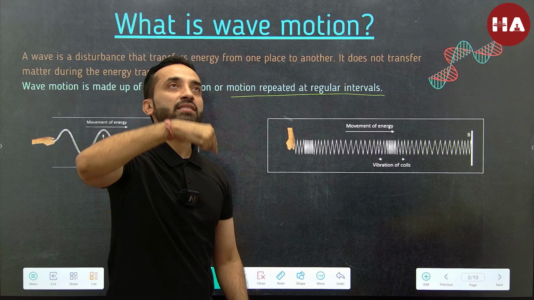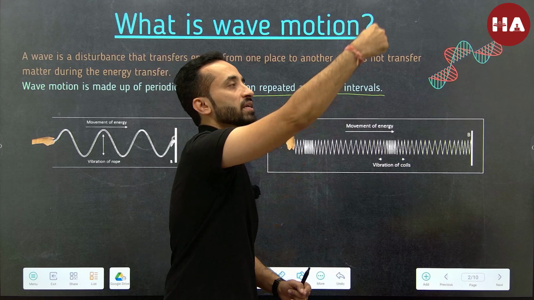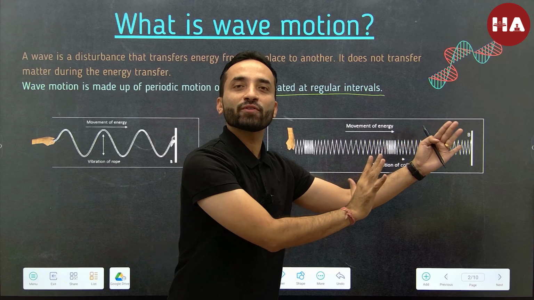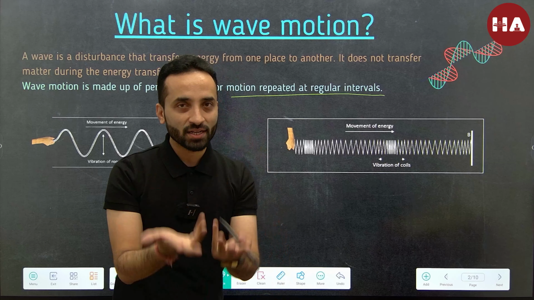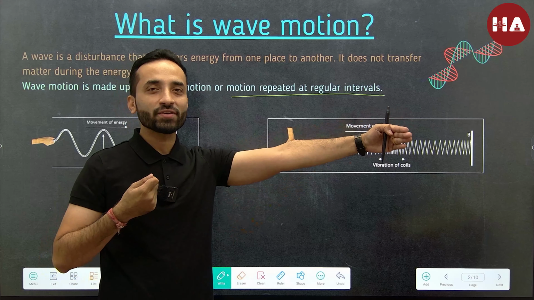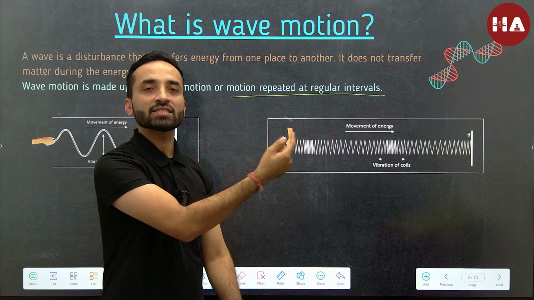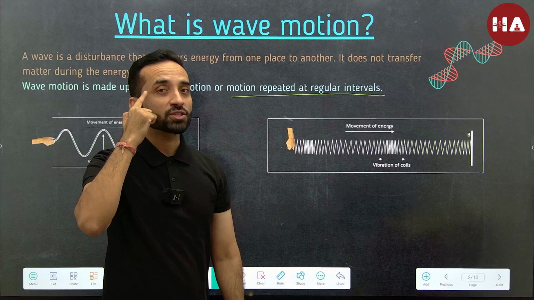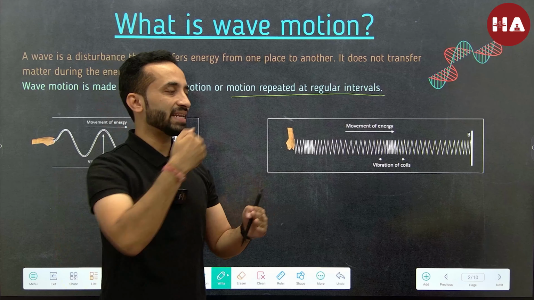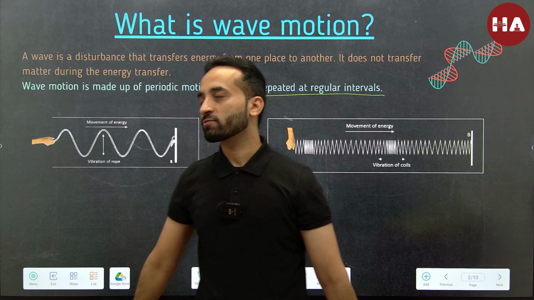This pattern created here, the next moment it will be here, the next moment it will be here. You will feel as if the string is moving forward. But is the string actually moving forward? No, it is in your hand. You are not going anywhere. The string is still between these two points. But you get an illusion that the string is moving forward, because the pattern, the next moment, is forward. That is waves for you, right?